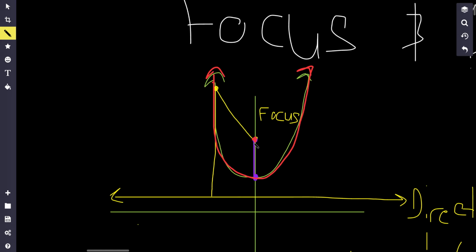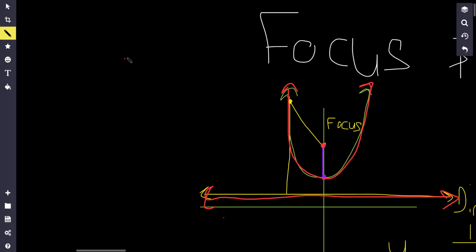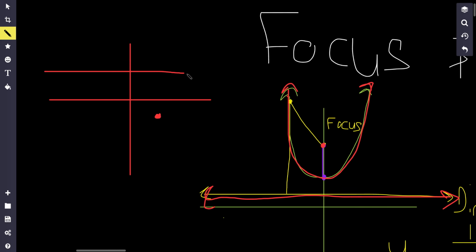So the focus will always be inside the parabola, and the directrix will be blocking it. Imagine I have a function where my focus is here and my directrix is up here. Your parabola is always going to swallow the focus. The focus is always inside the parabola, and the parabola is always facing the opposite direction from the directrix.